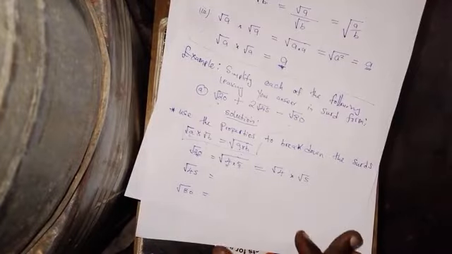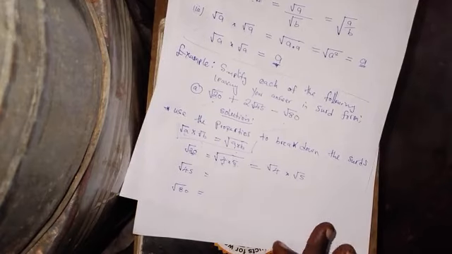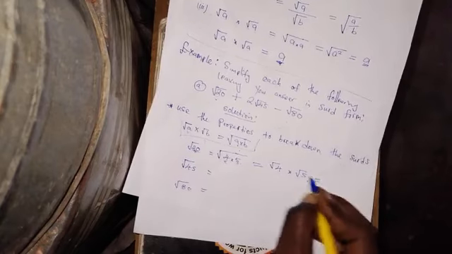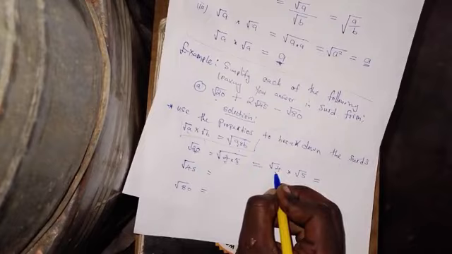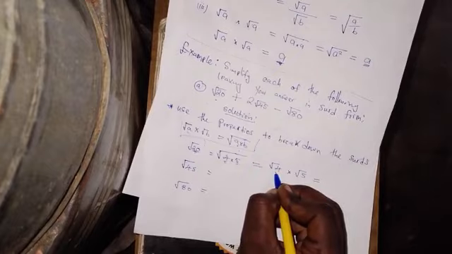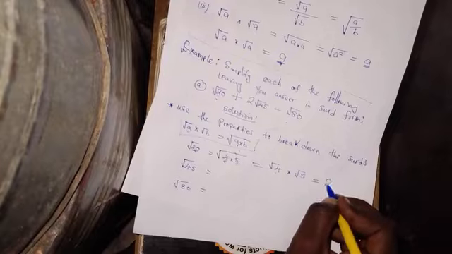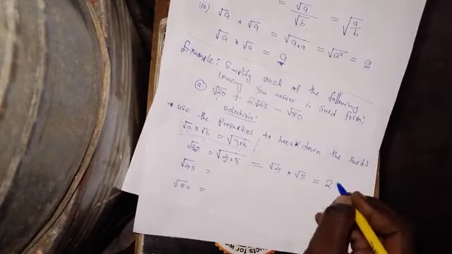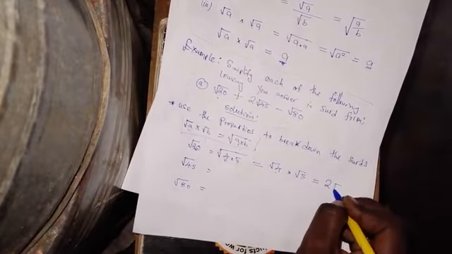So now this root of 4 by root of 5: root of 4 is something perfect. What is the square root of 4? It is just as good as 2. But root of 5 is not perfect, so I'll just write it as 2 root 5.